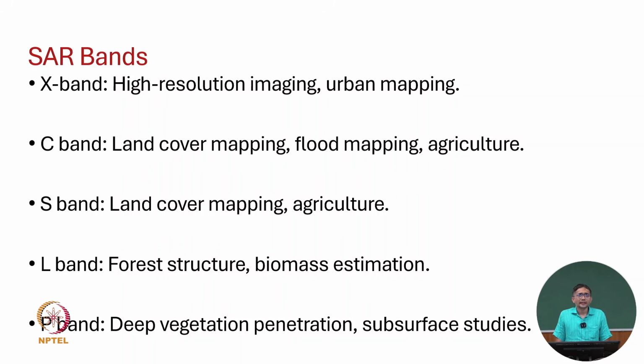S band, again used for land cover mapping, agriculture. L-band, to understand forest structure, biomass estimation. So by now you would have guessed which of these bands shows good penetration. And P-band provides even better vegetation penetration, and is often also used in subsurface studies.